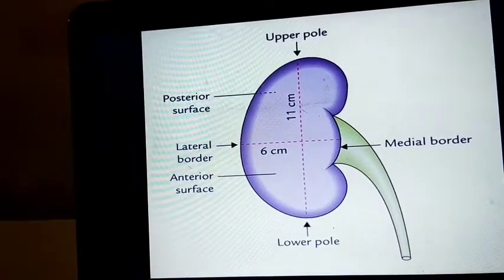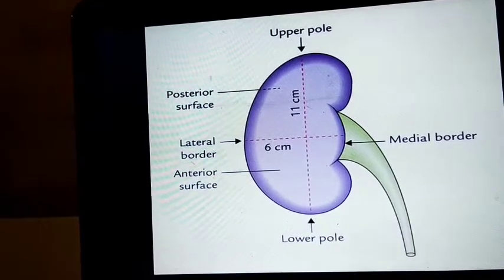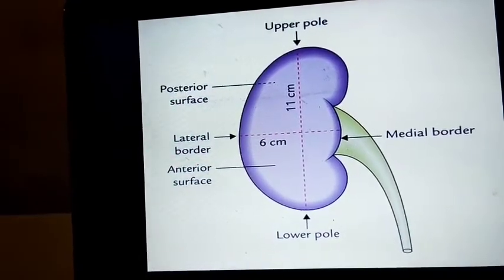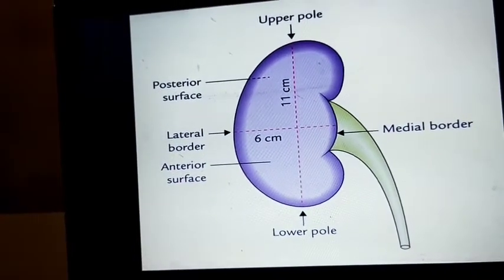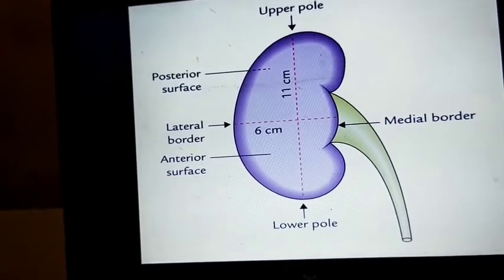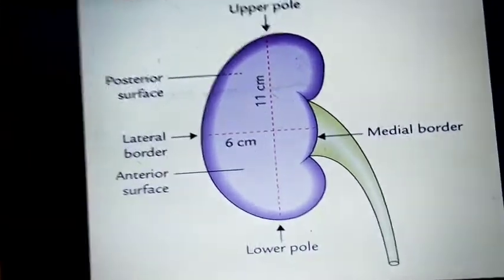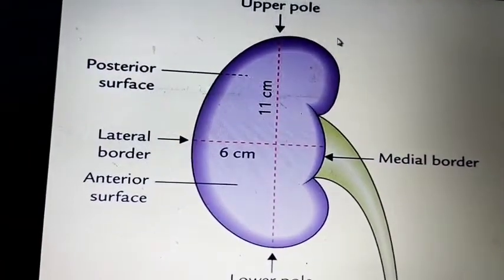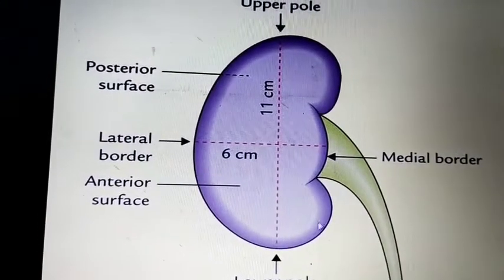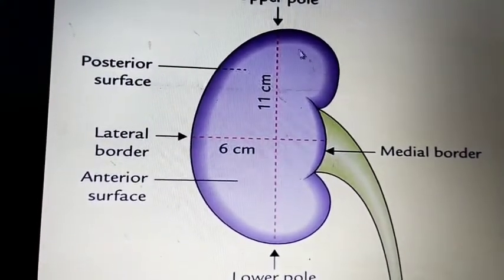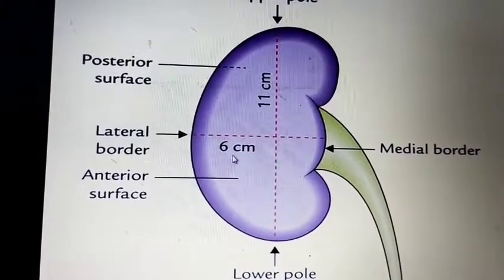It has the posterior surface and anterior surface. It is 11 centimeters long, 6 centimeters broad and 3 centimeters thick. The medial border is notched; you can see the notches here, the kinkings on the medial border, and the medial border is shorter than the lateral border.